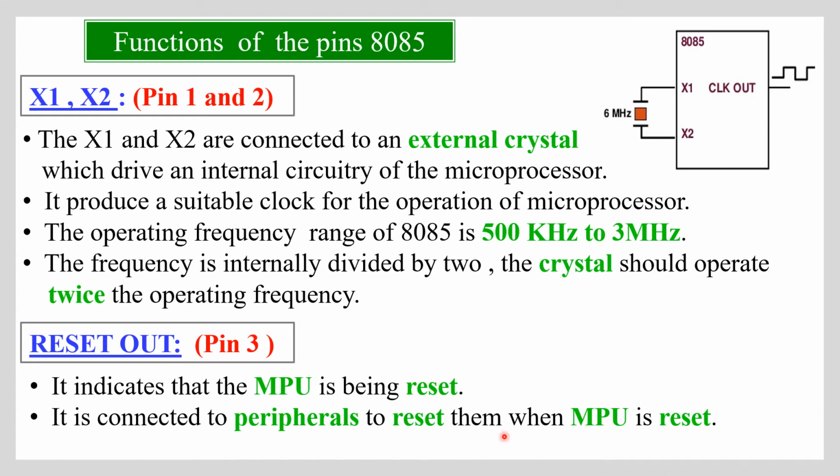So when the MPU is resetting, it sends an out signal to the peripheral to reset. The MPU sends a message to the peripheral devices: I am resetting, you also reset. Clear? Pin number 3, that is reset out.